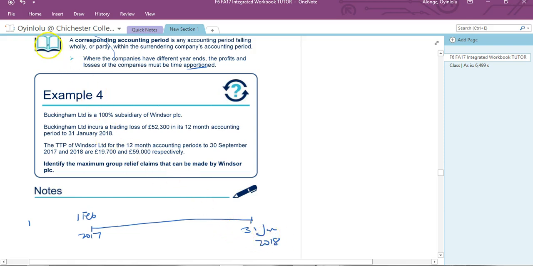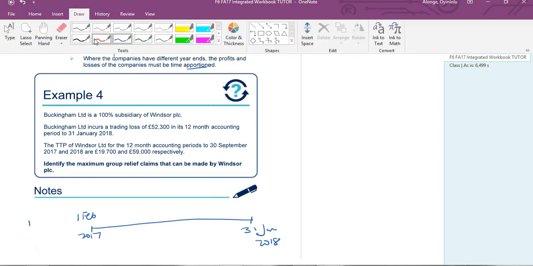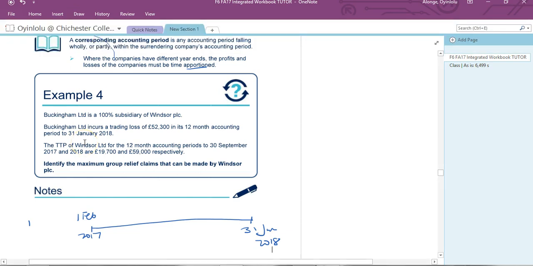Okay, right, let me change my pen color so that I can really explain what's happening here. Over here we have the full amount of this trading loss of 52,300.